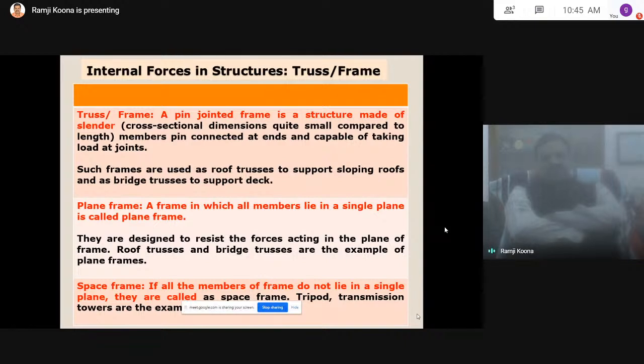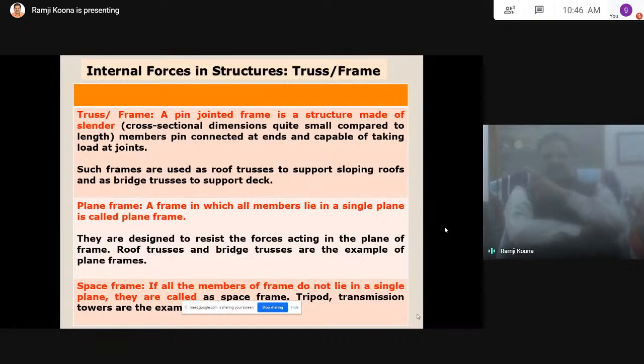The horizontal is in the axial direction. That is why a beam is defined as having load acting perpendicular to the axis. A bar always has load acting parallel to the axis. If you combine these two, you get a frame.